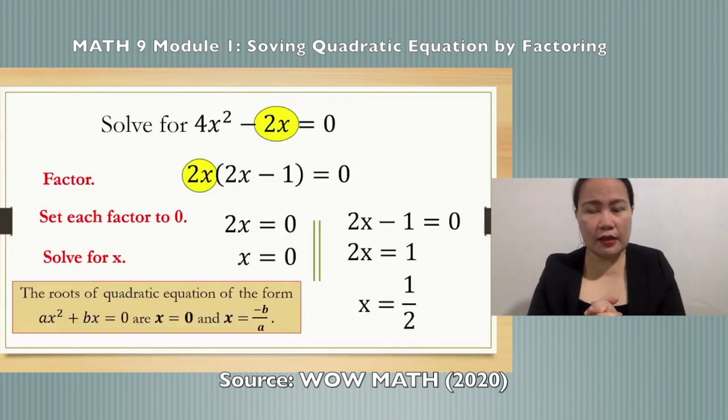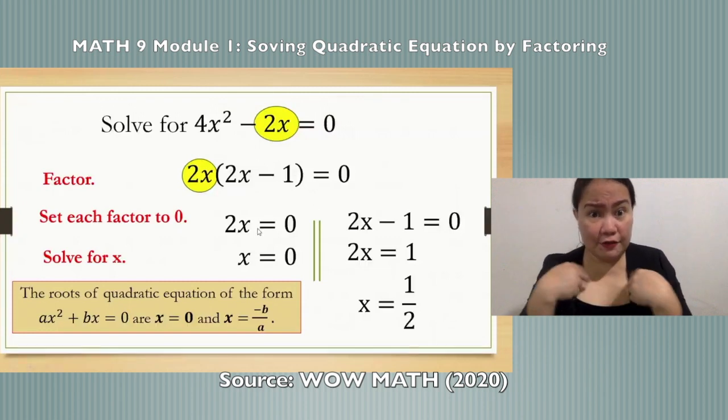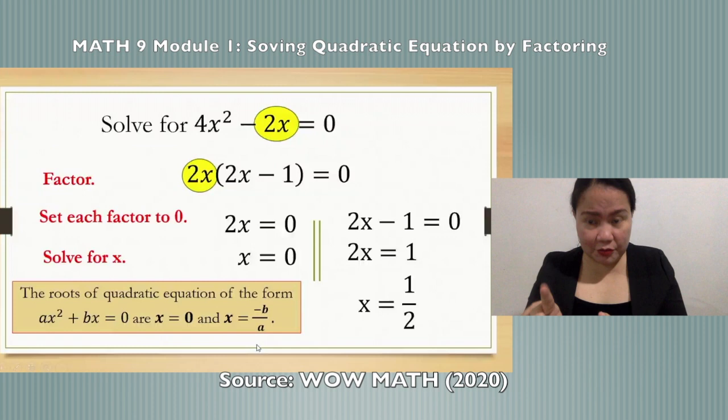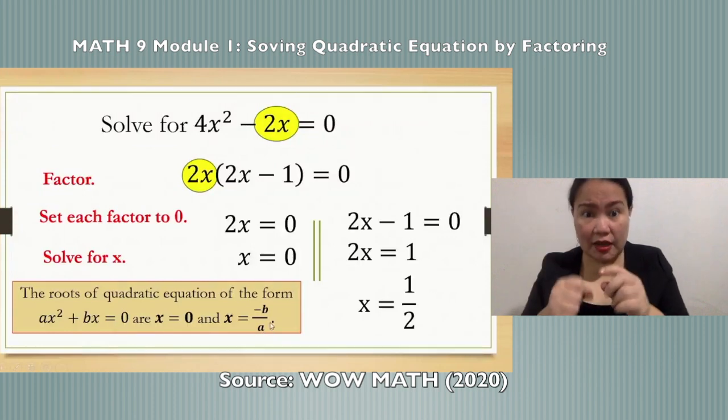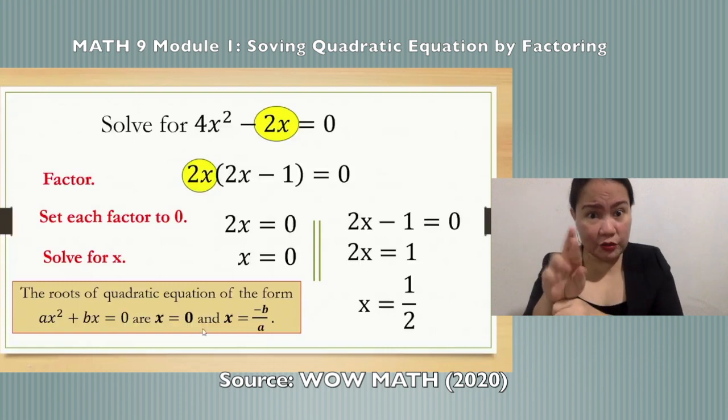Kanina sa mga example, may madaling paraan dyan without setting or equating our equation to 0. Gagamitan lang natin ng value ng a at b, makukuha na natin yung roots or solutions. So, ito lang yung gagamitin nyo.